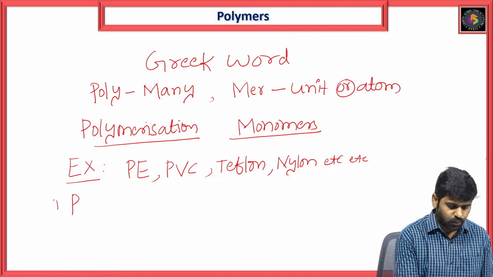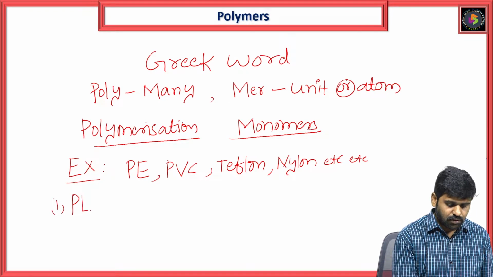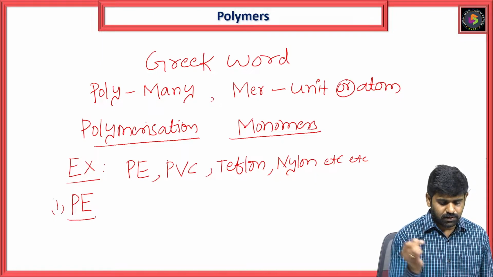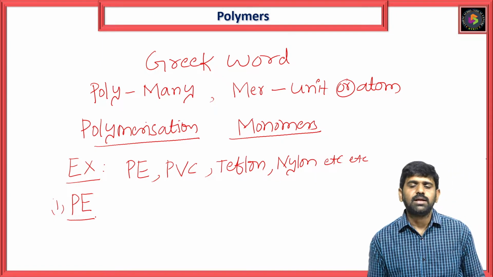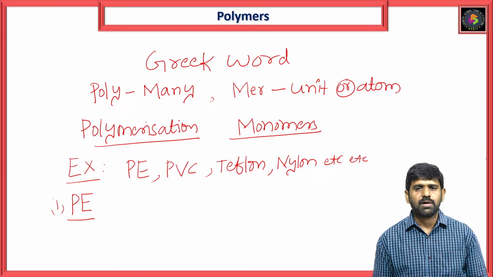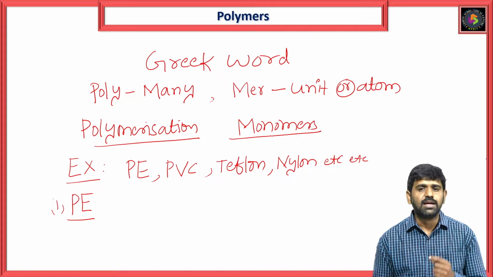Example number 1 is polythene. Polythene is formed by the polymerization of ethene.